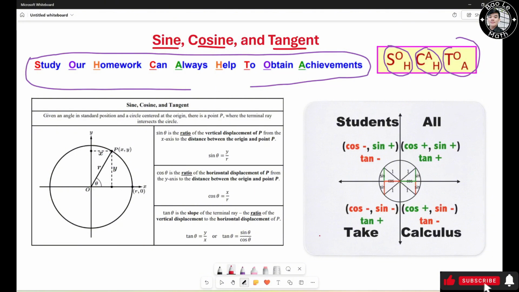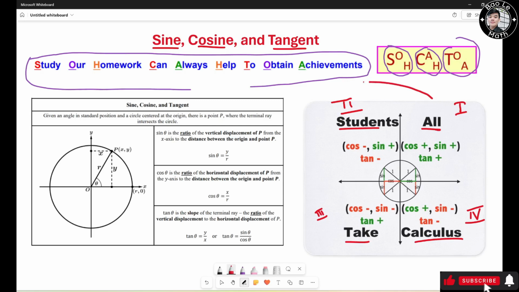Now there is a trick that I think is really helpful for you to learn in this unit. You have the x and y coordinates right here, and you have the first quadrant, the second quadrant, the third quadrant, and the fourth quadrant, and the unit circle in the middle. We need to memorize the sentence: All Students Take Calculus.